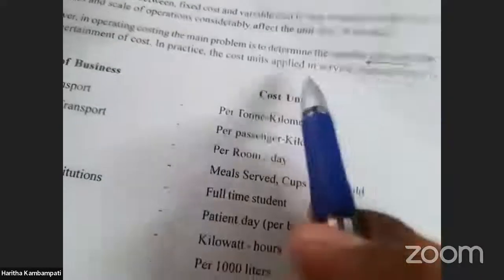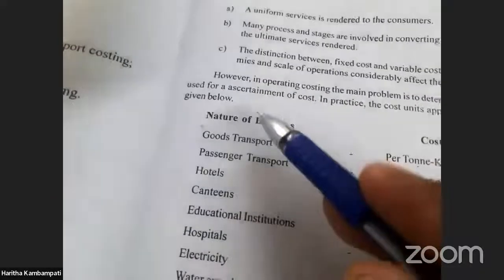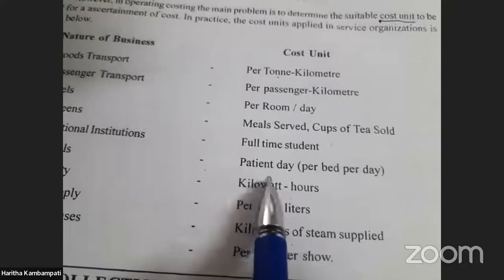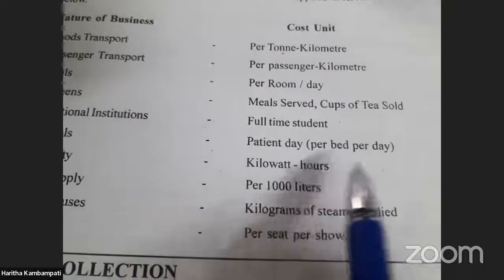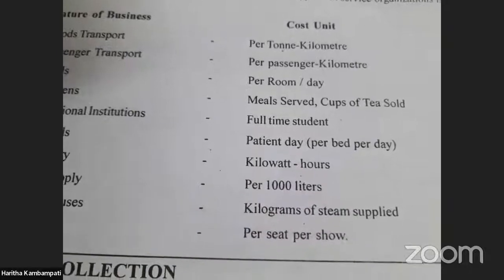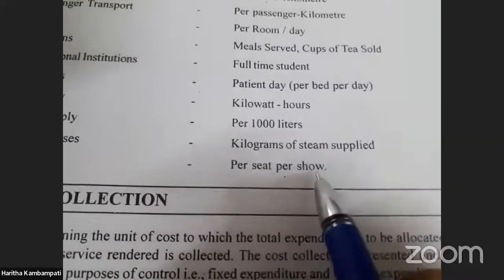So for that, first you should identify what is the cost unit for different natures of businesses. So for hospital, it is patient per day or bed per day, electricity, kilowatt hours. For cinema halls, per seat per show.